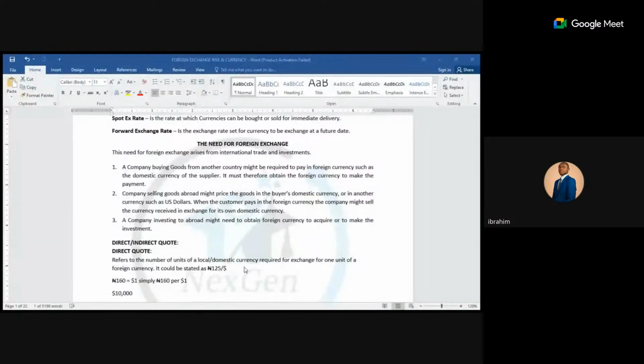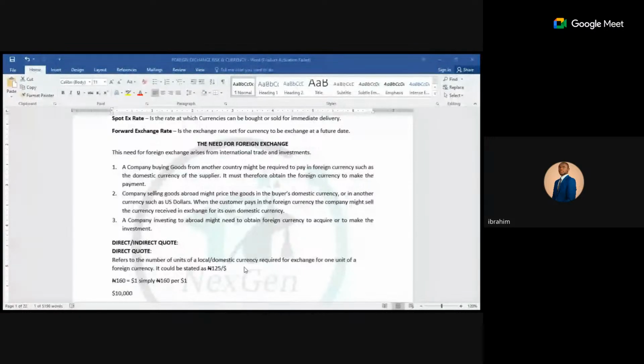For those who are writing SBR, what are you going to use to translate what is in your income statement? Average. What will you use to translate your financial position? The closing rate. Now, how are you going to translate it? Are you going to divide or multiply? That is another question you should ask yourself. And that will take us to direct quotes.